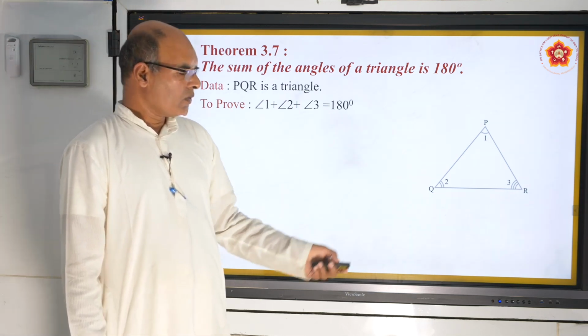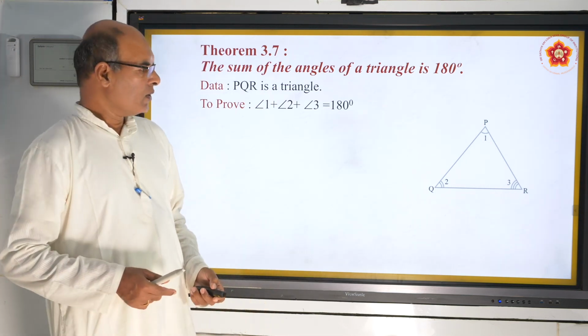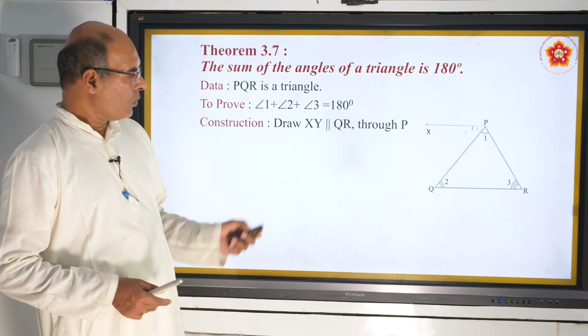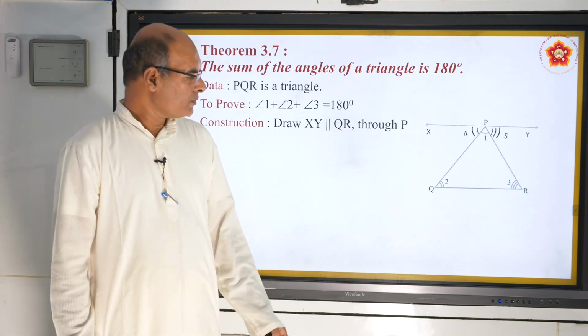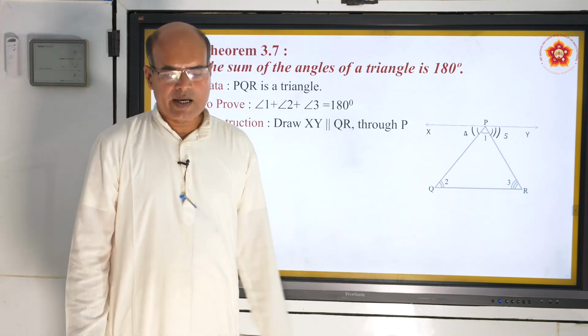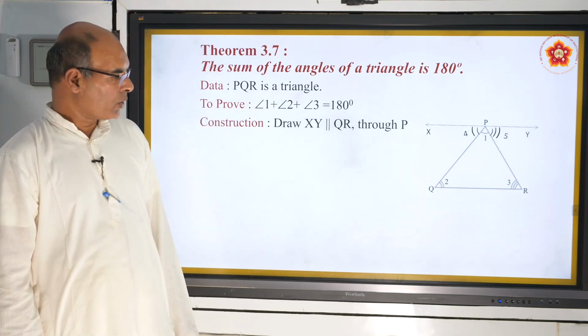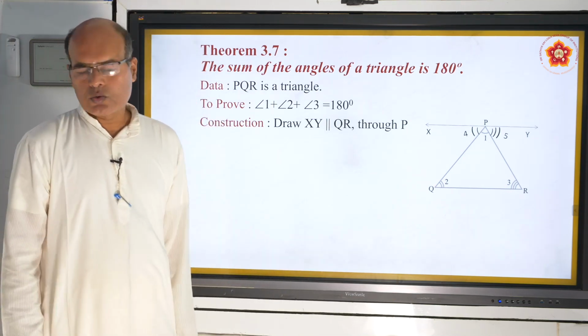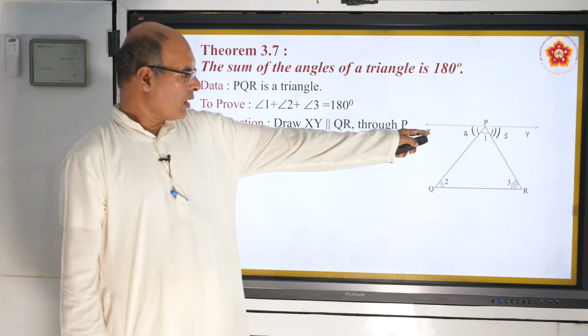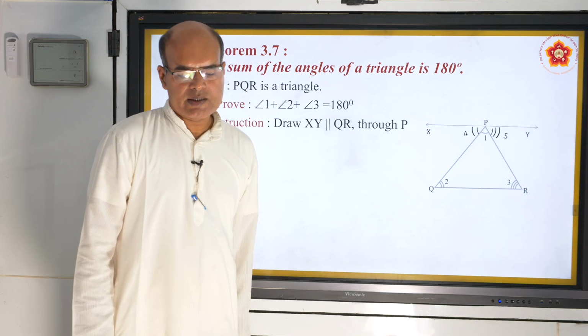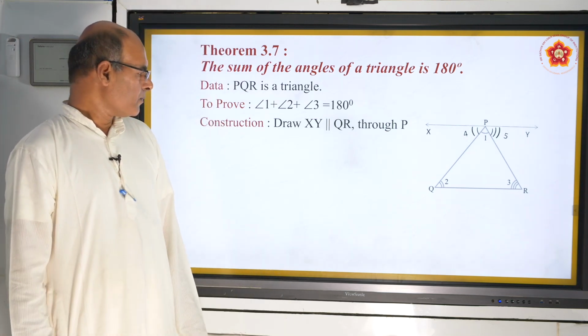To prove this, we need a helping line which is drawn parallel to QR and passing through P. Here I named it as XY. XY is drawn parallel to QR and it is passing through point P. And two more angles are formed, and those angles are named as angle 4 and angle 5.